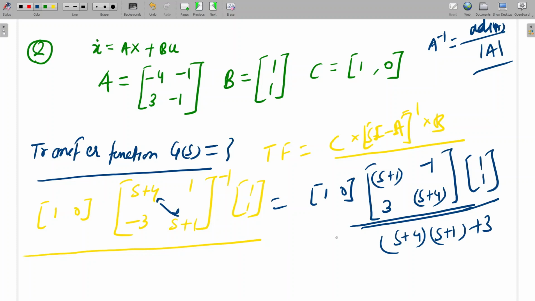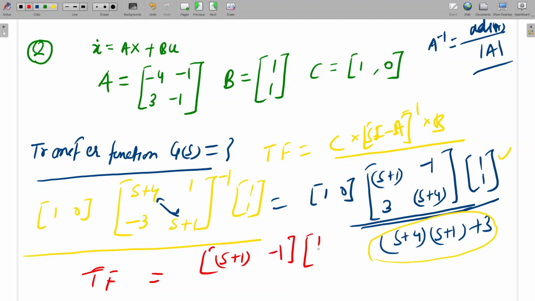Yes, sir. Okay. See, what people are doing is a time-consuming method: they divide by the determinant first. Don't divide initially. First do the top calculation, and after that divide by the determinant at last. So we see the 1 0 is there. Our matrix on top, the transfer function I am writing: the first element will be s plus 1, and the second element will be minus 1, multiplied with the column 1 1.